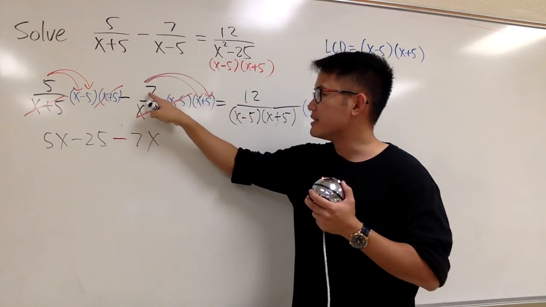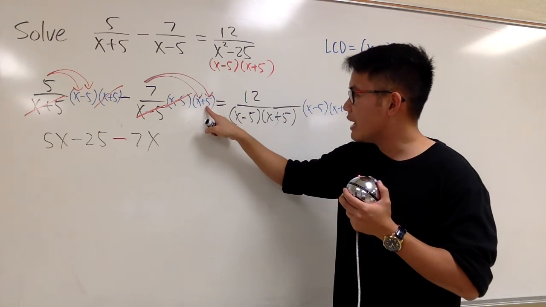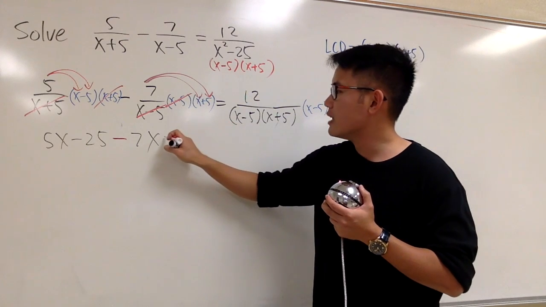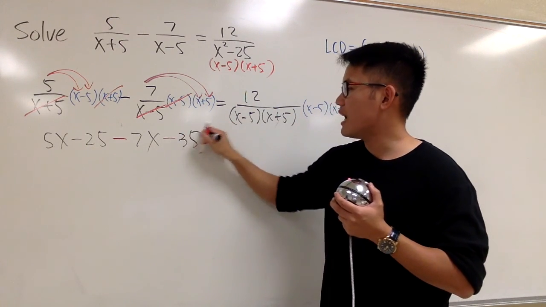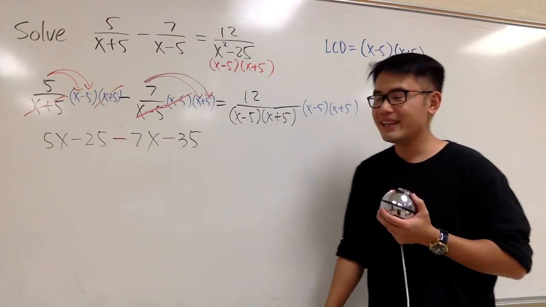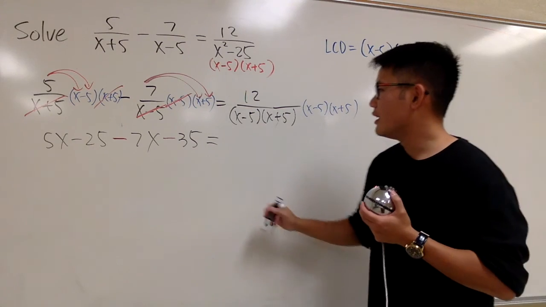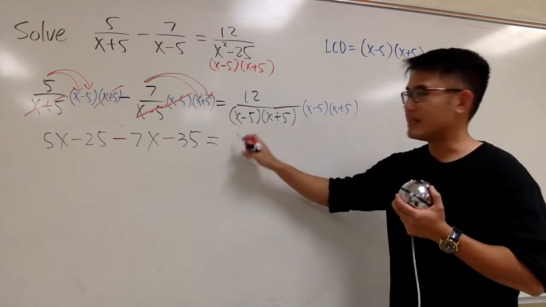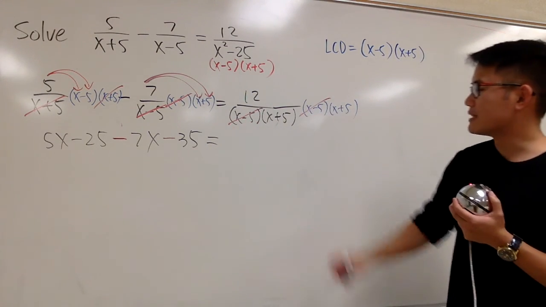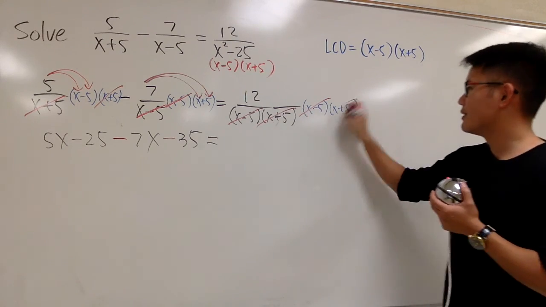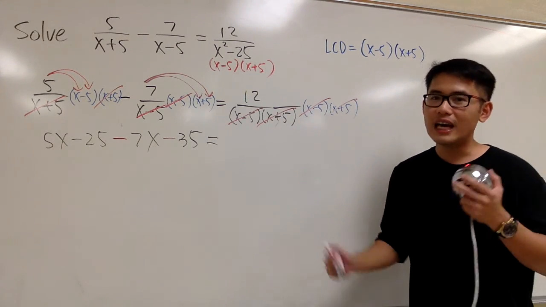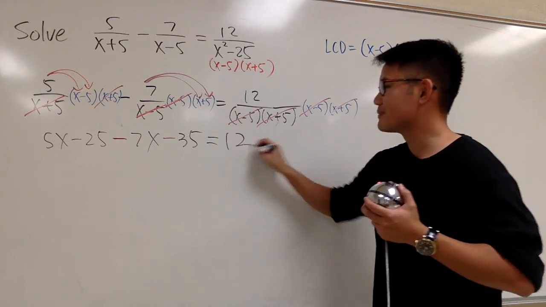And then negative 7 times positive 5, it's going to give us negative 35. Okay? And then for this part here, first of all, let me bring down the equal sign. We see that x minus 5 cancels out with this x minus 5, and the x plus 5. They also cancel each other out. And we only have a 12 left.